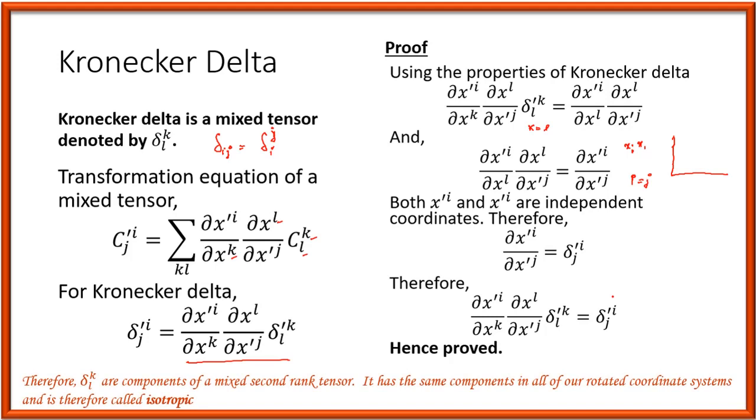So the components of the Kronecker delta vary as a mixed second rank tensor, and the Kronecker delta components are the same in all the rotated systems, so it is also known as an isotropic tensor.